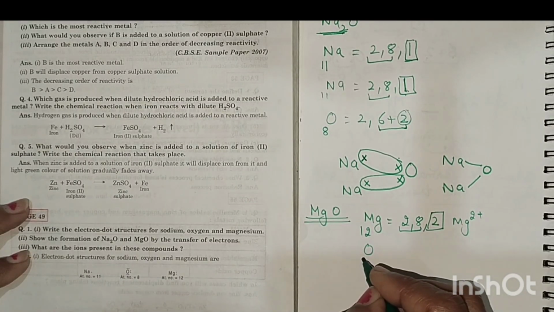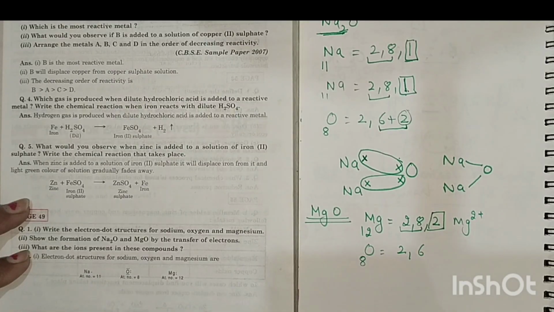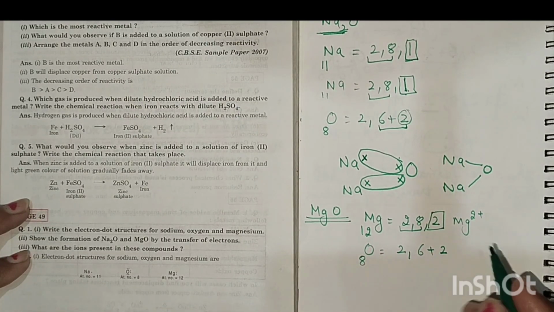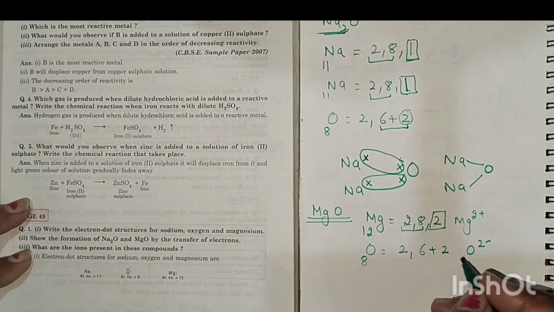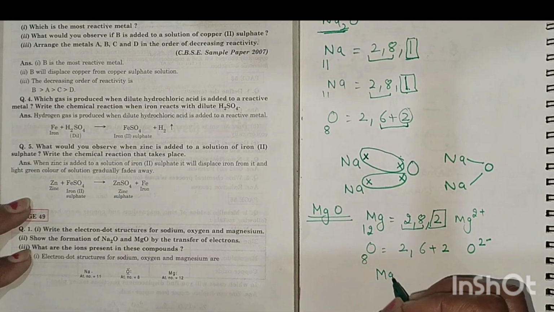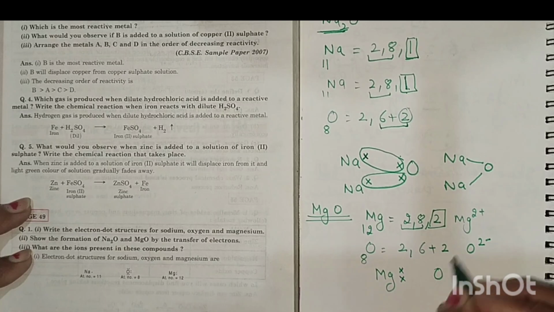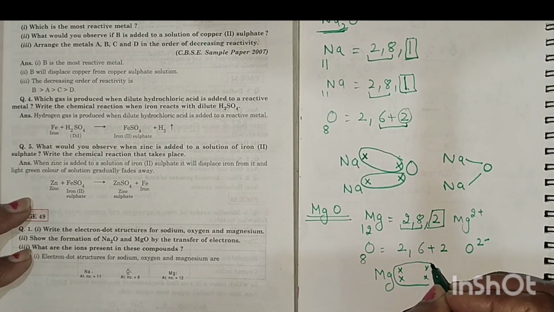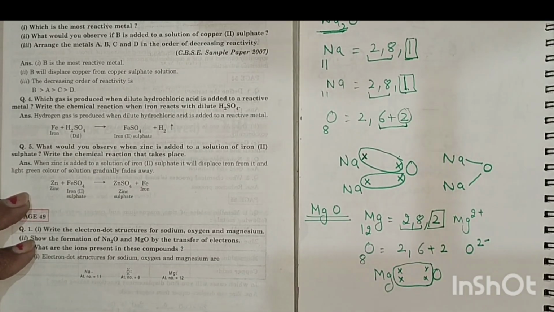Now oxygen's atomic number is 8 and its electronic configuration is 2 and 6, and it will gain 2 electrons to complete its octet. Here the oxygen 2 minus ion is formed. Mg can lose 2 electrons and oxygen can gain 2 electrons. This will be the dot structure or electron transfer structure of MgO.